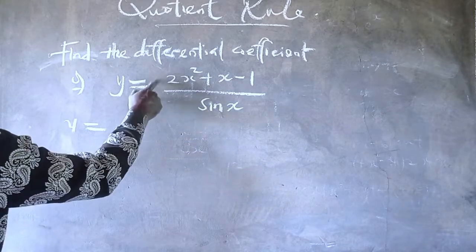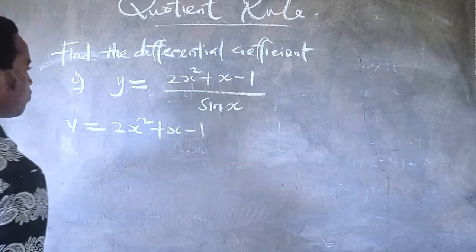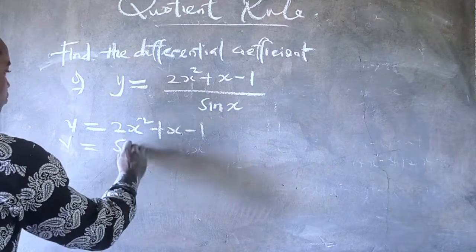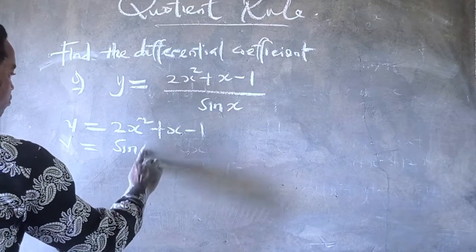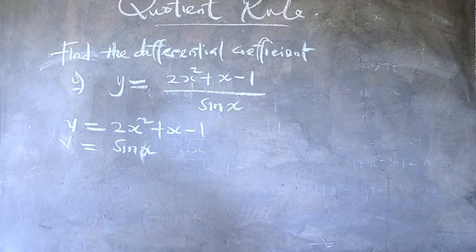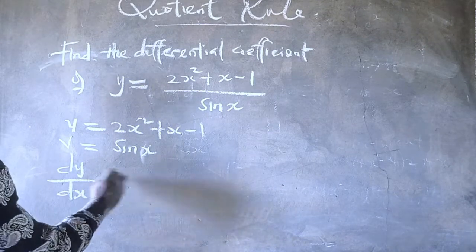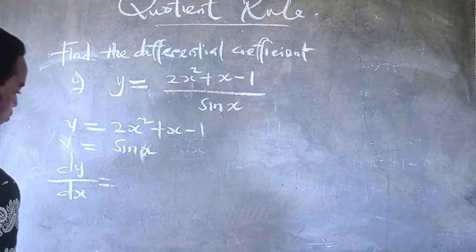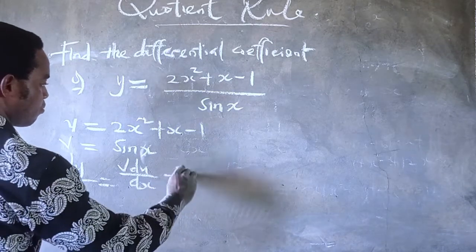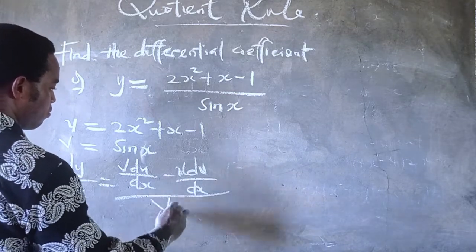So let the one up there be our u, that is 2x squared plus x minus 1. Let the function down there be our v, which is sine of x. Okay, what's the expression for dy/dx? The formula is v du/dx minus u dv/dx all over v squared.